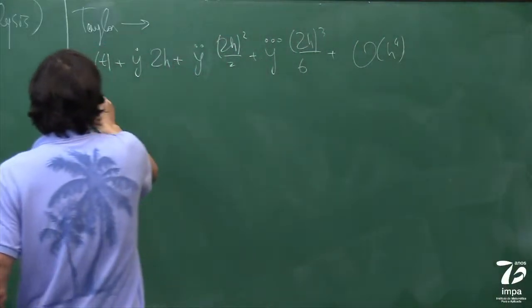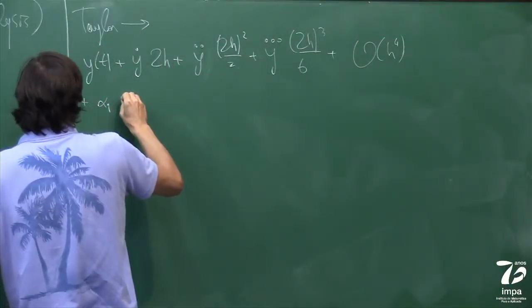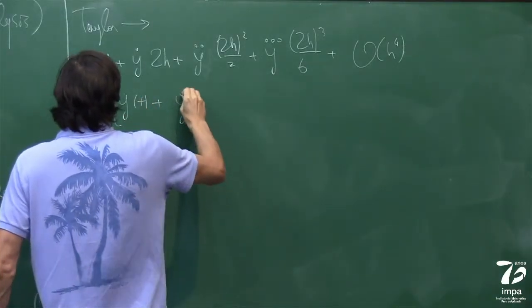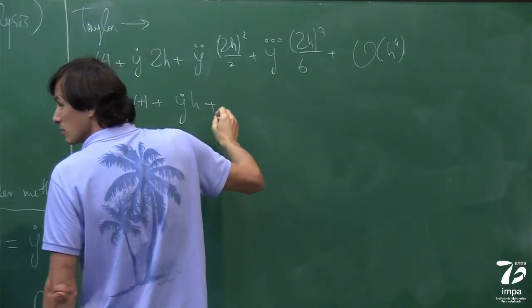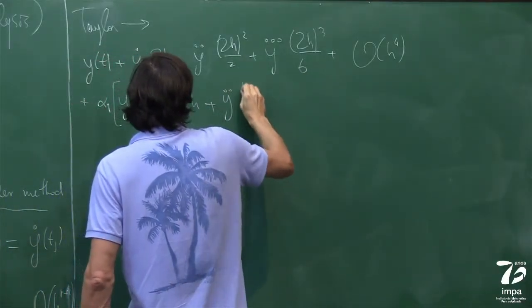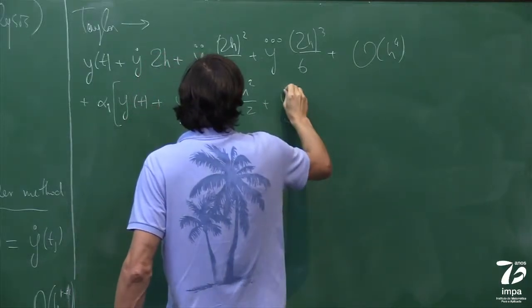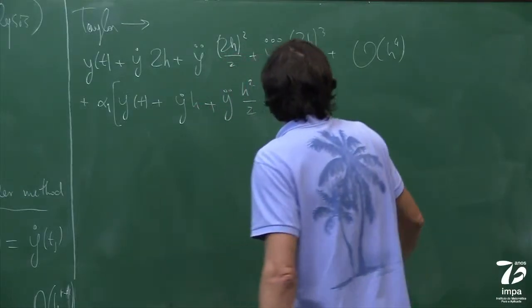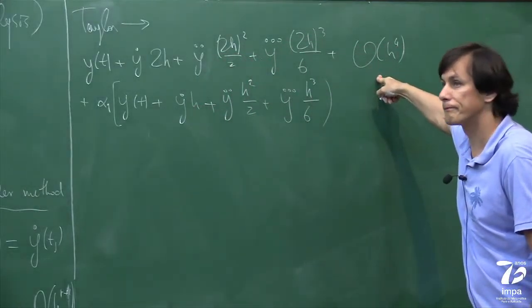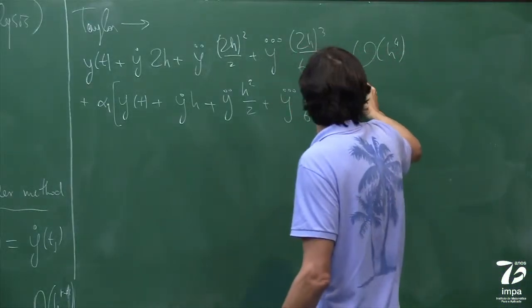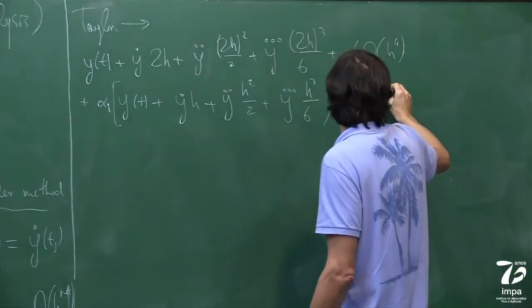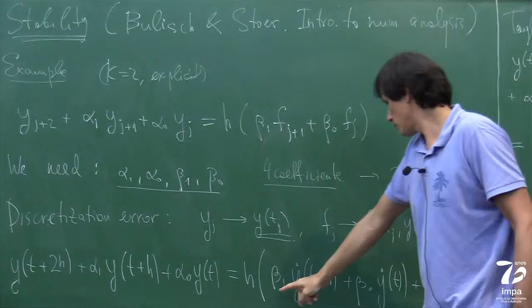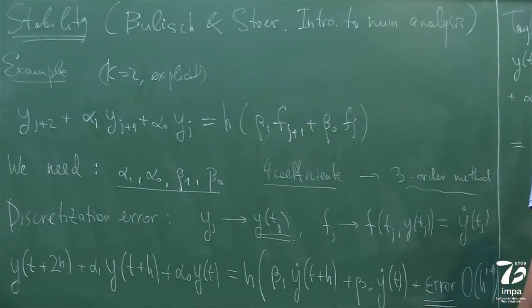The second term will be alpha 1 times y(t) plus y dot h plus y double dot h squared over 2 plus y triple dot h cubed over 6. I will not write the O term because it's all here. Then plus alpha 0 y of t.